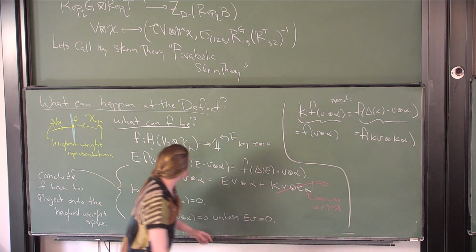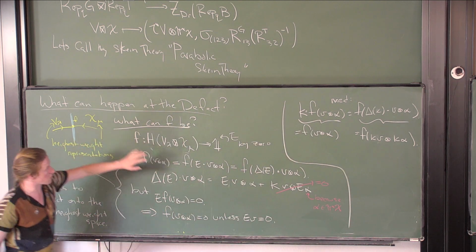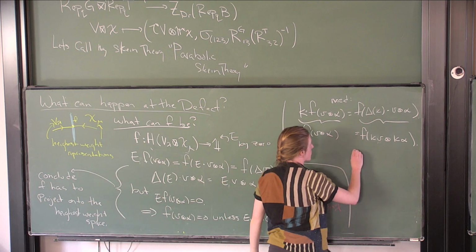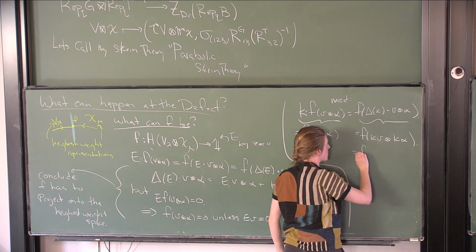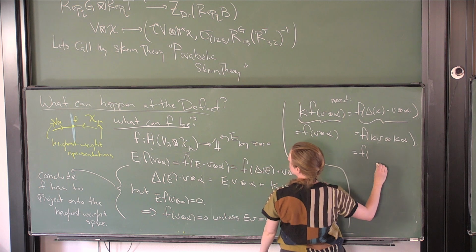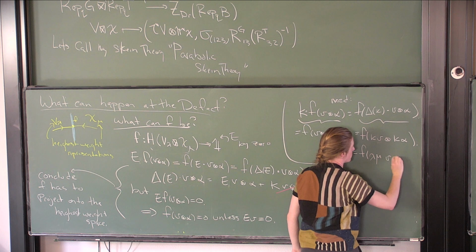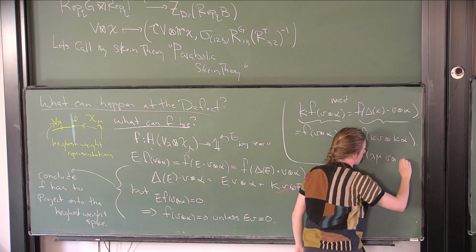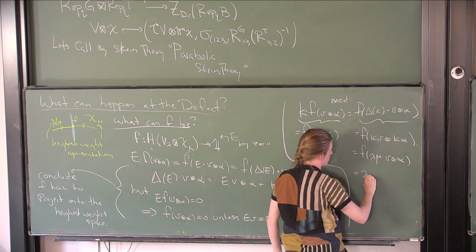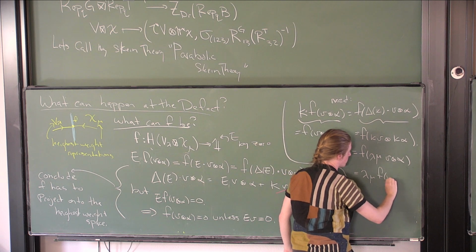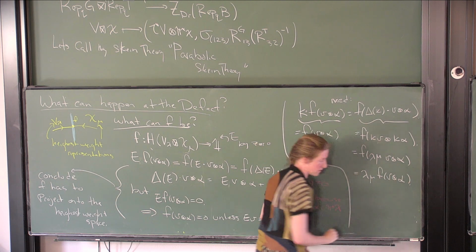And then this chi was a one-dimensional representation, so what I'll get is that this will be f of, what letters did I use? Lambda mu, v tensor alpha, and this is just linear, so f of v tensor alpha, like this.